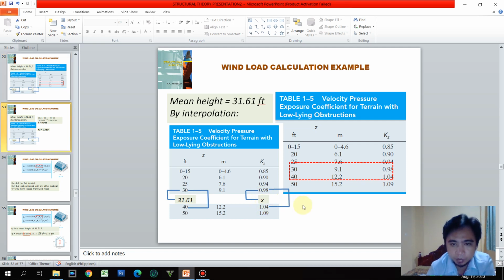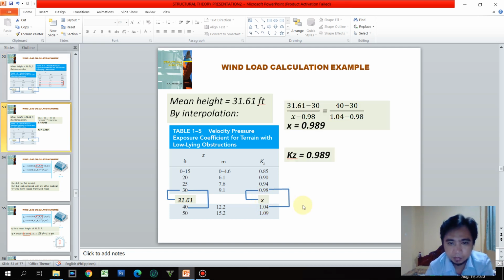Okay, so doing that, we can say that first we have 31.61 minus 30, and then on the other side we have x minus 0.98. And then we have 40 minus 30, and then 1.04 minus 0.98.